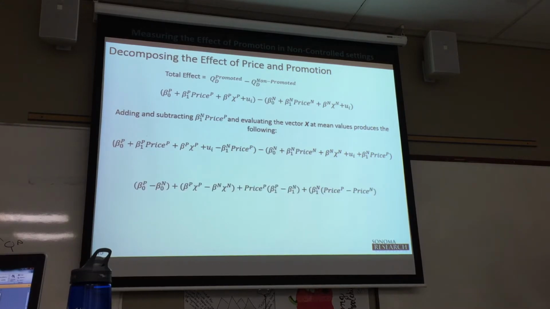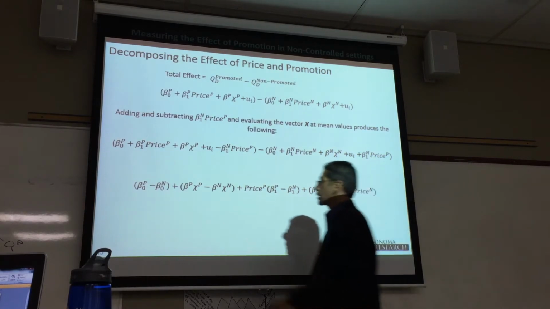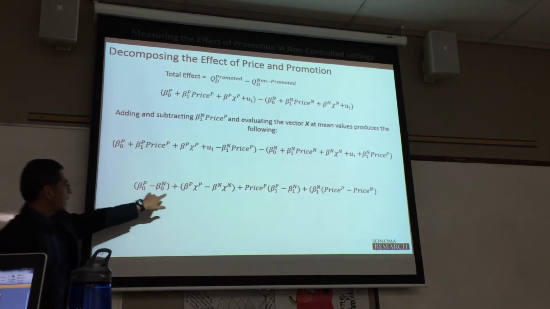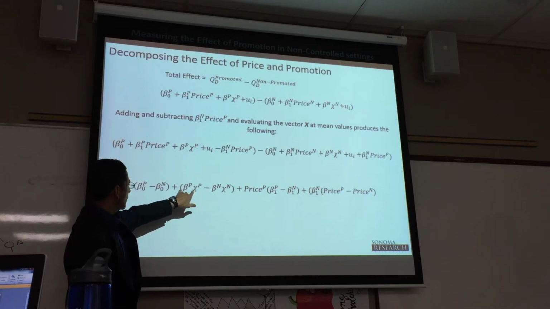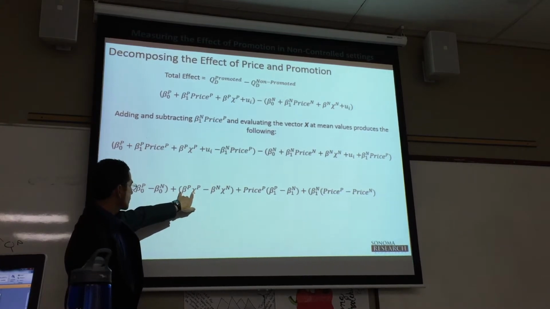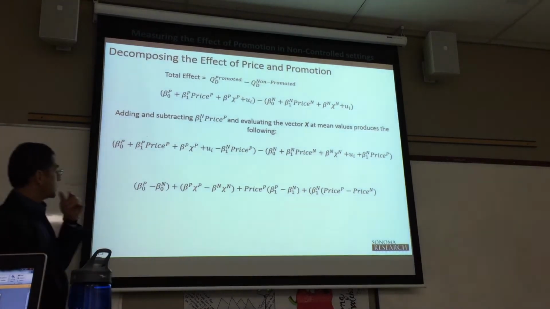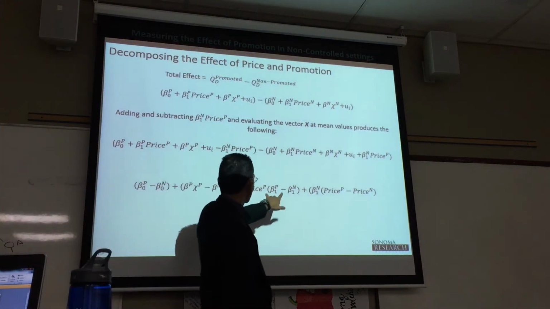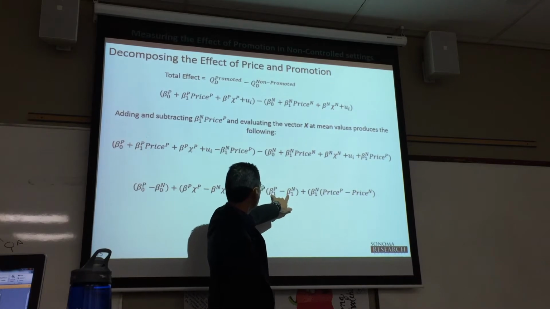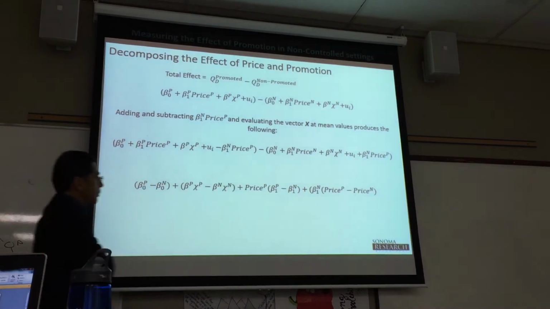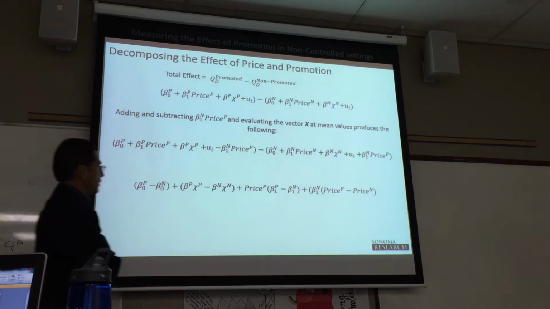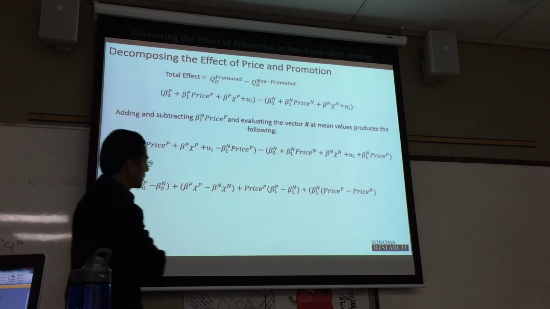And then I'm just going to collect terms. So I collected my intercepts. I collected my coefficient on X promoted, coefficient on X non-promoted. And then here, I have my coefficients on the difference between the promoted and non-promoted demand curves, evaluated at the promoted price.